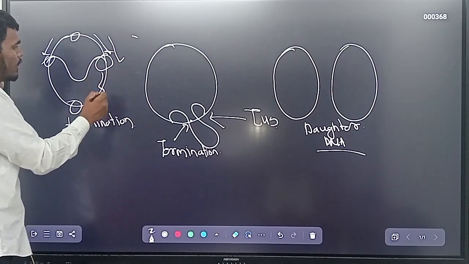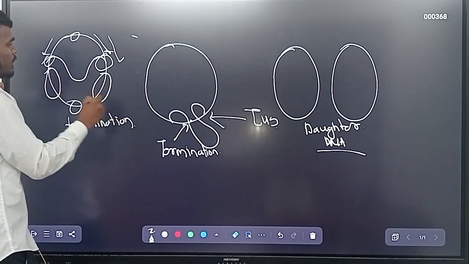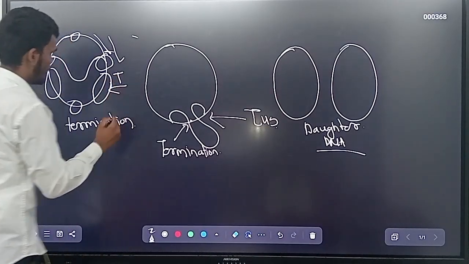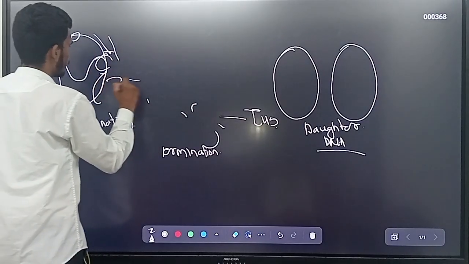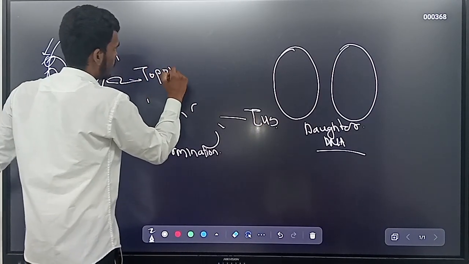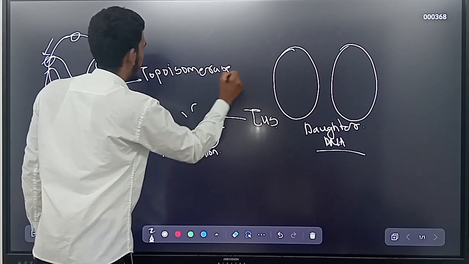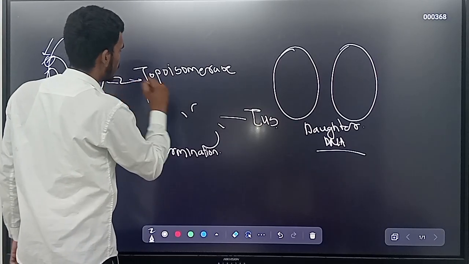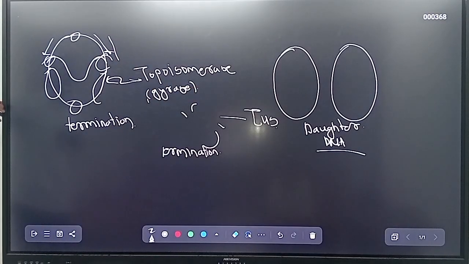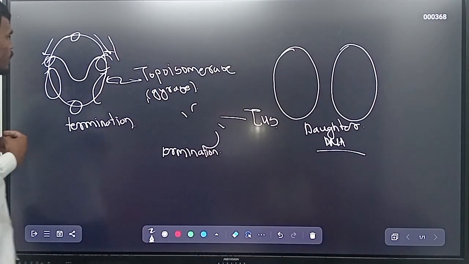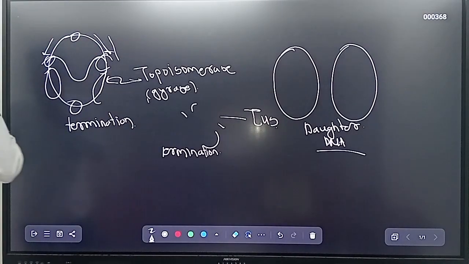When this reaches termination, a protein Tau will bind and help DNA polymerase 3 to go away, and two daughter circular DNA molecules will be formed. This is nothing but the daughter DNA.